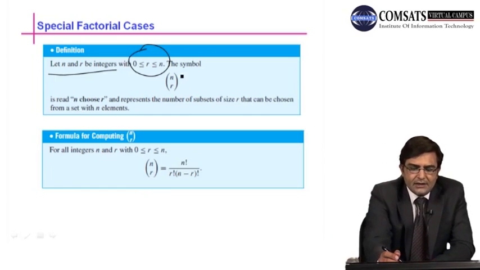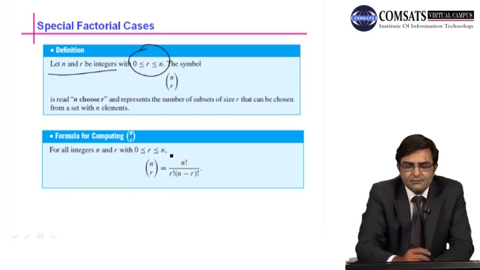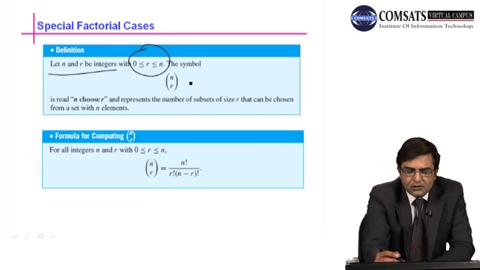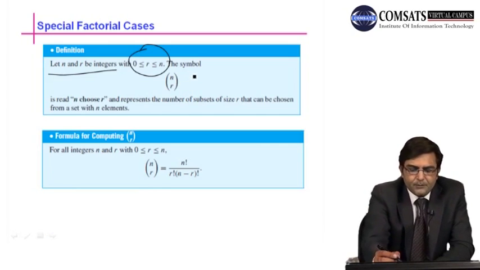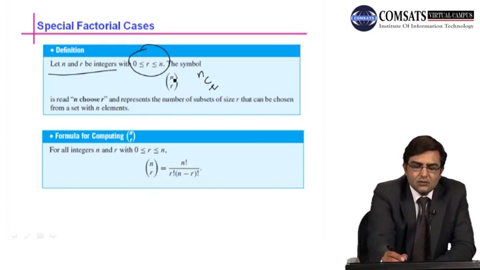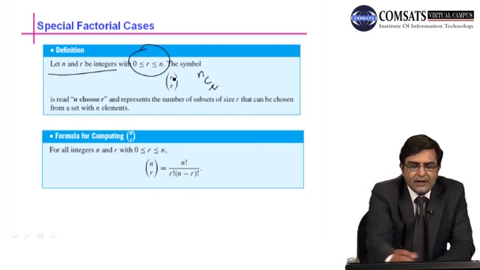Then the symbol (n, r) with parenthesis brackets like this can also be denoted as nCr. This is also called nCr or n choose r.